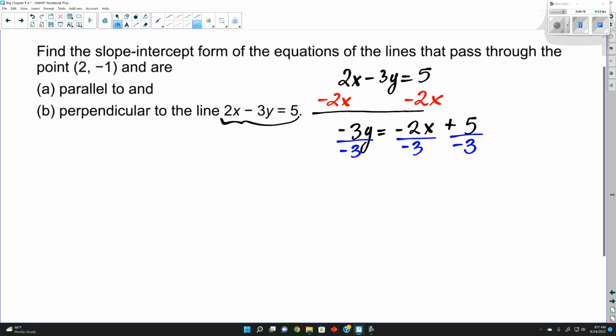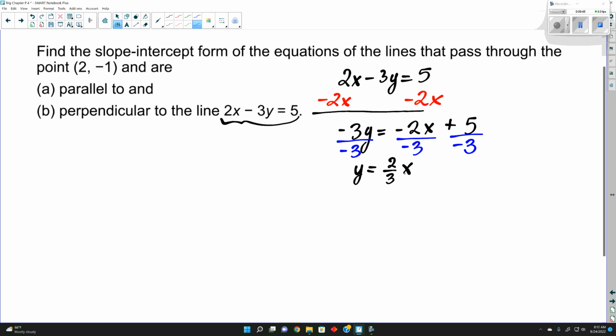Now what are we doing? The whole reason we're doing this is to find what? The slope, yes? So the first one here we would get y is equal to -2 divided by -3, which is 2/3 x, yes? Do we know what the slope is? 2/3, yes? Do we need anything else from this equation?